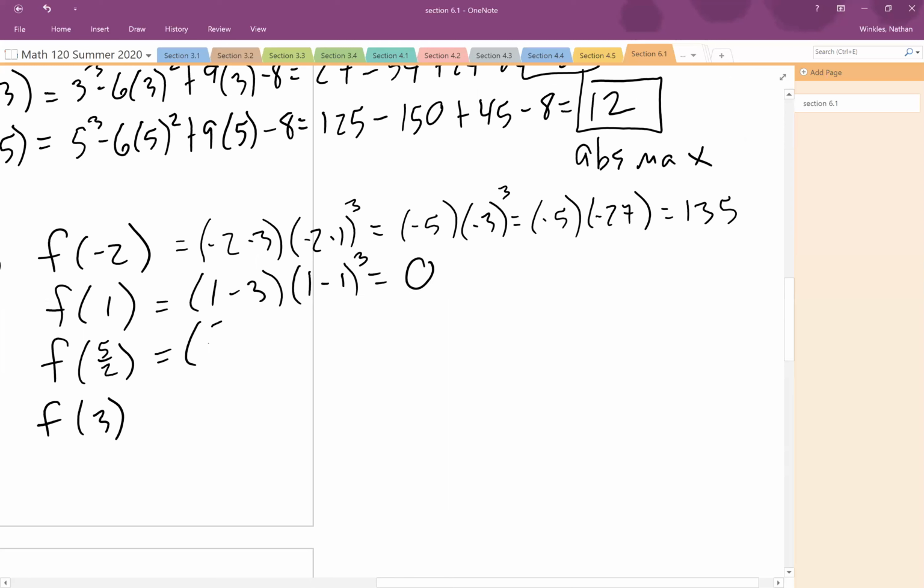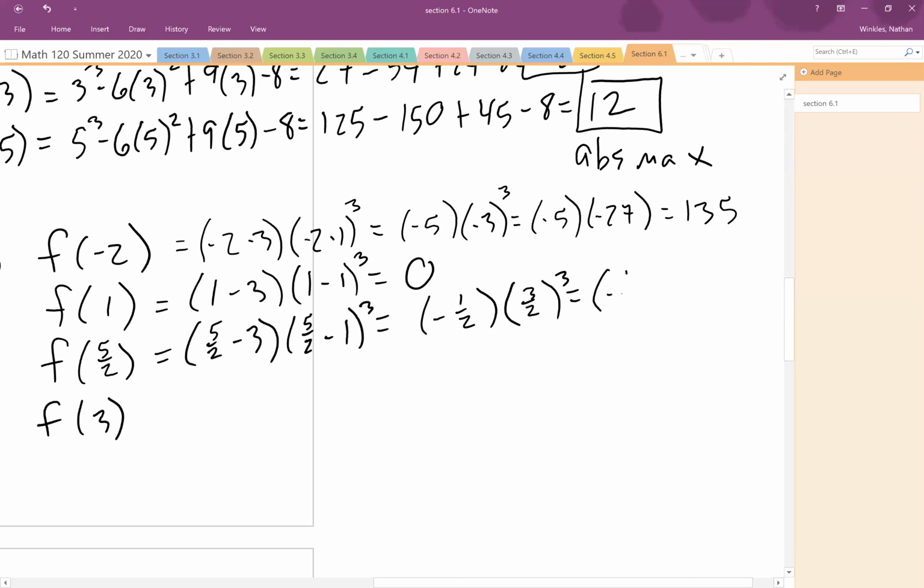Plugging in 5 over 2. So we get negative 1/2 times (5 halves minus 1 gives us 3 halves) to the third.